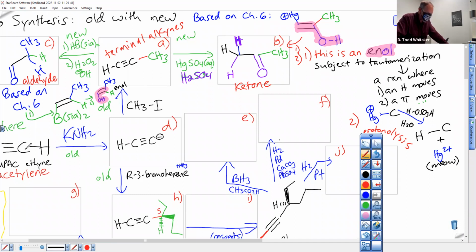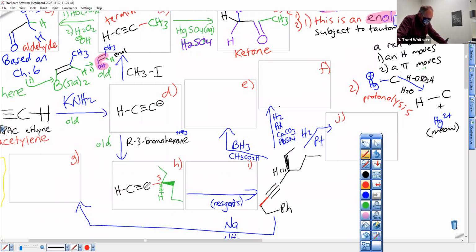Remember, you started here. You made C-triple-C first. What kind of reaction was it? Acid base. You got to do an acid base first, but this time you're going to do it on this molecule.